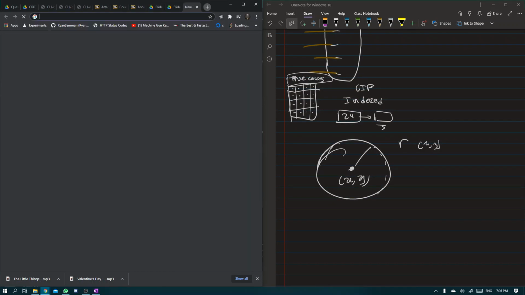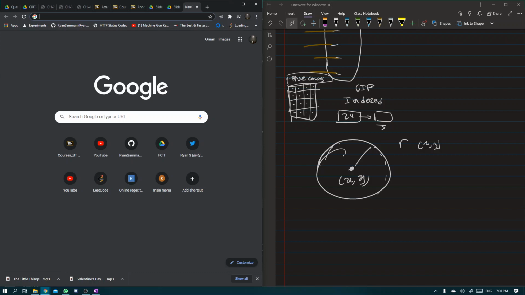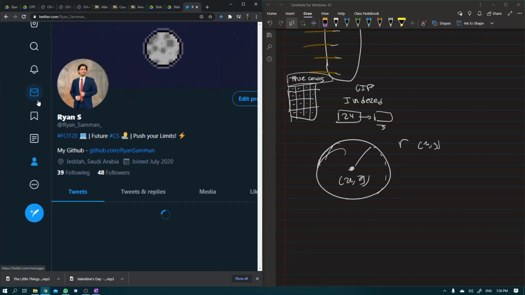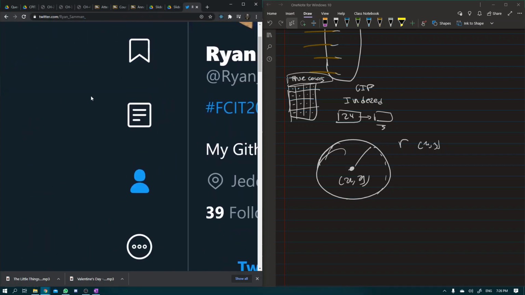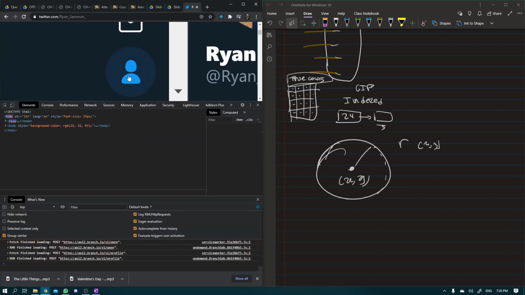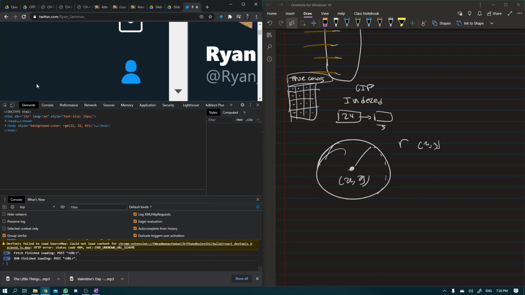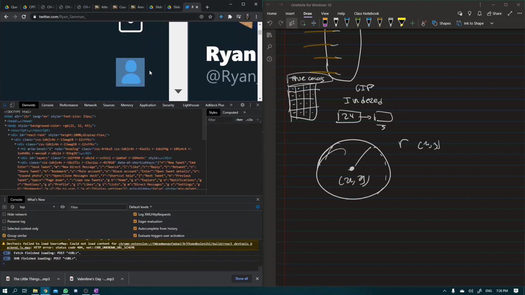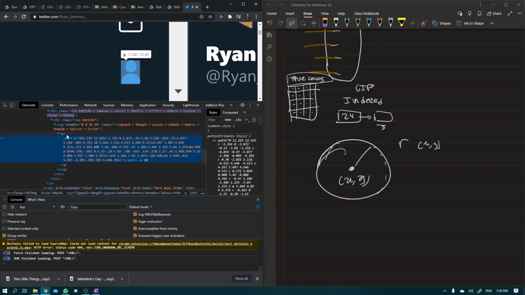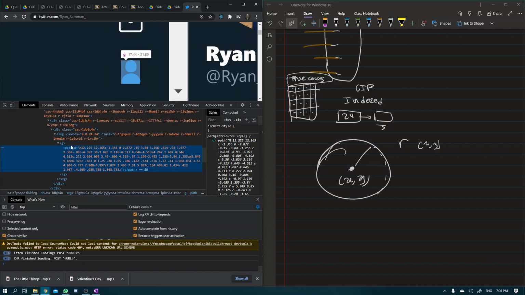Now I'll show you an example of an SVG, a vector graphic. For example, in Twitter, or almost every website, they use vector graphics to store these images over here. If we inspect this, you will see that it is just an SVG, and this is all the data for the SVG.